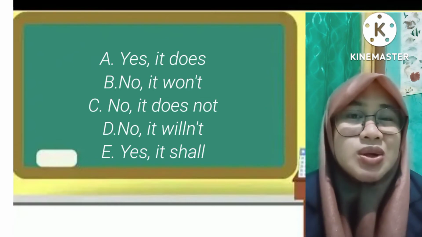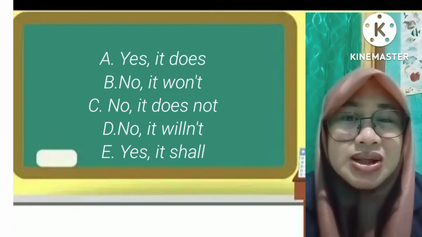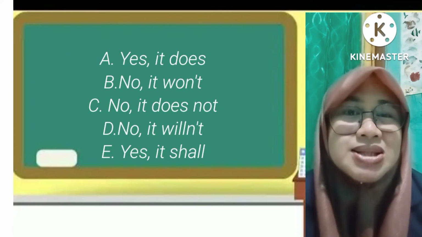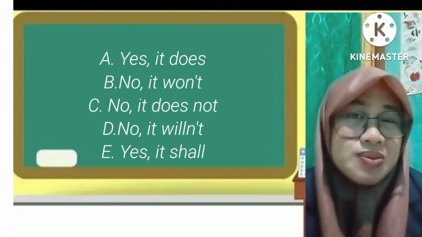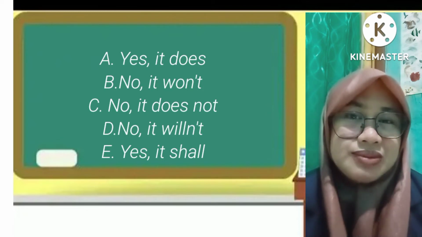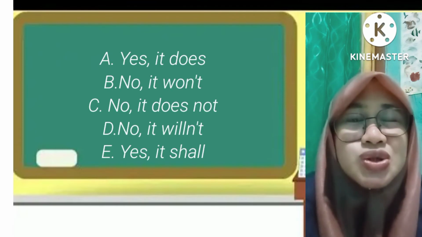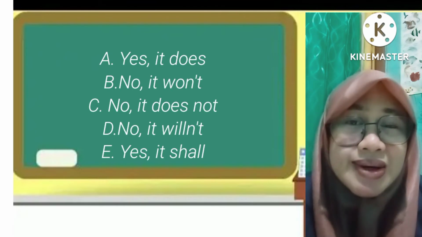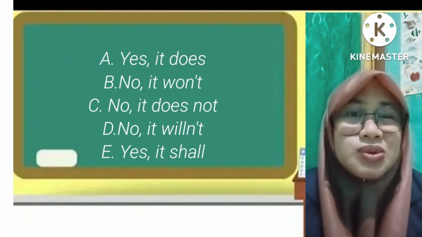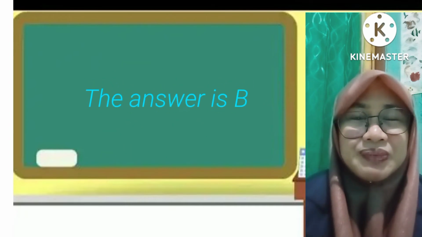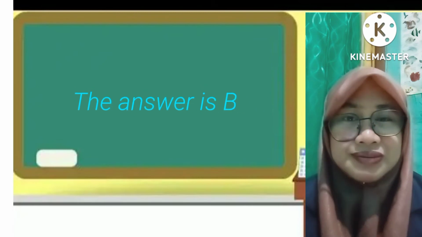In an auxiliary question, a question starting with will has to be answered yes plus will, no plus will. No or won't. The contraction won't stands for will plus not. The use of the pronoun in each answer option refers to the words your sport car. So the answer is B.